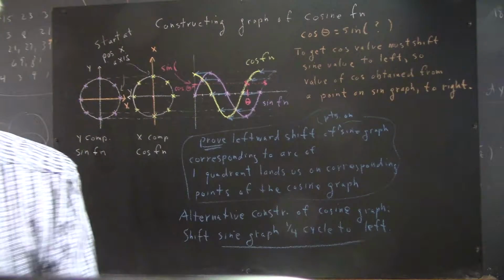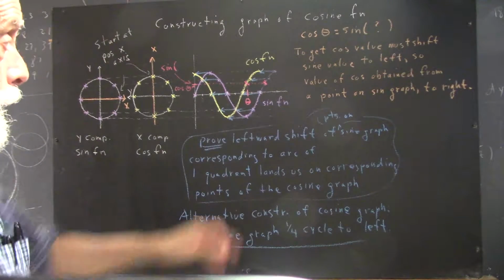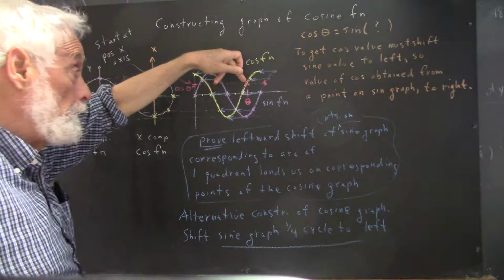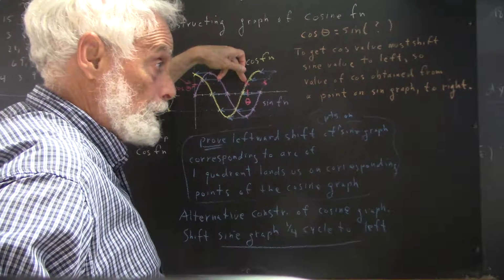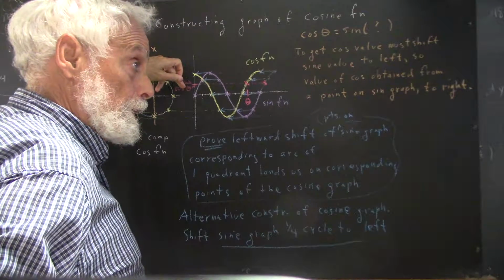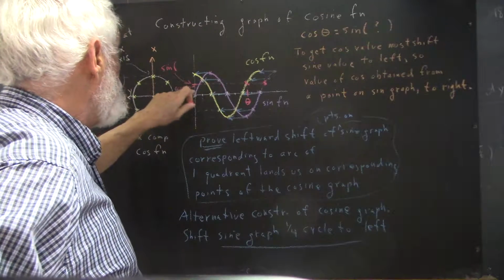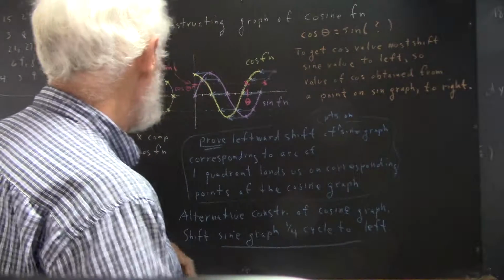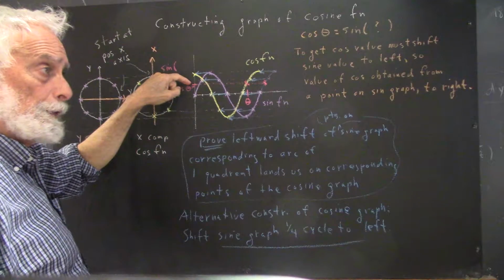Now I've got a kind of a picture here. Here's our theta, and here is our cosine graph. We want to get that value, but all we know is the values of the sine function. So here is the value of the cosine function. But if all we know is the values of the sine function, how are we going to figure out just what that is?